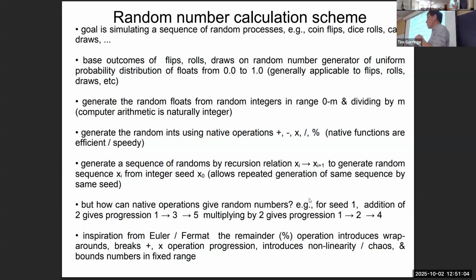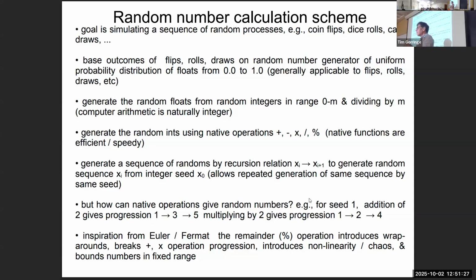So we're going to work with the native integers to generate our random numbers. That's the next step in our plan. We're going to generate random integers from 0 to M, and then convert those integers into floating point numbers from 0 to 1.